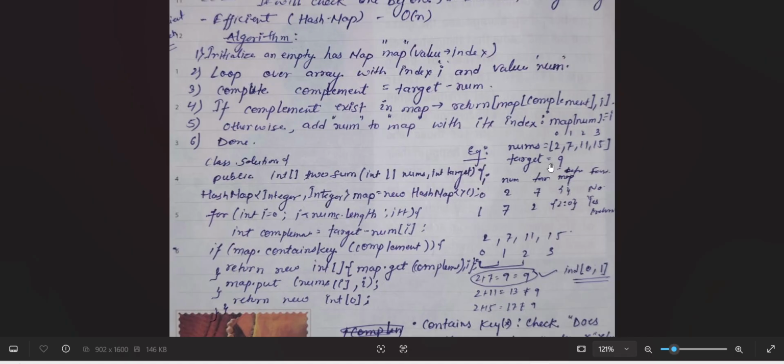So we can see here in index 0 and index 1 we are getting the target element, that is 9. Index 0 has the number 2. If we subtract it from the target, the new value we have to find is 7.